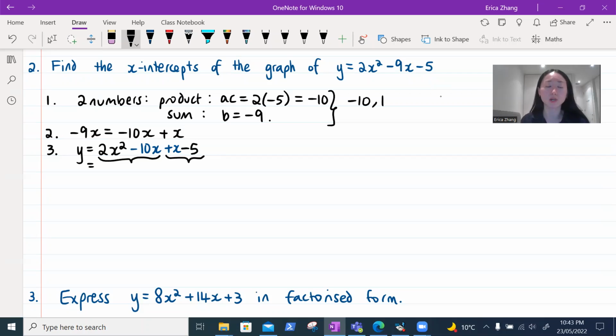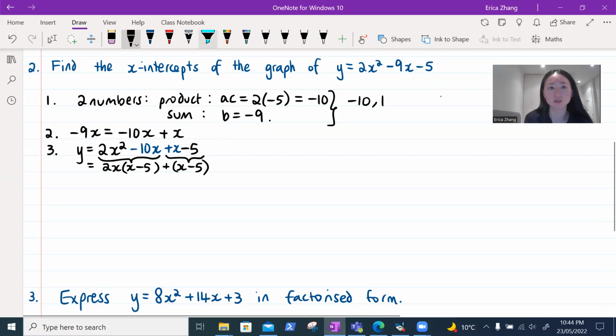Okay, highest common factor of 2x squared and minus 10x is 2x. So in the brackets, we have 2x times x is equal to 2x squared, and then 2x times minus 5 gives us minus 10x, okay? x and minus 5 don't have any common factors, so we just leave x minus 5 as is, and we notice that this is already in the same form as this x minus 5 that we just wrote down.